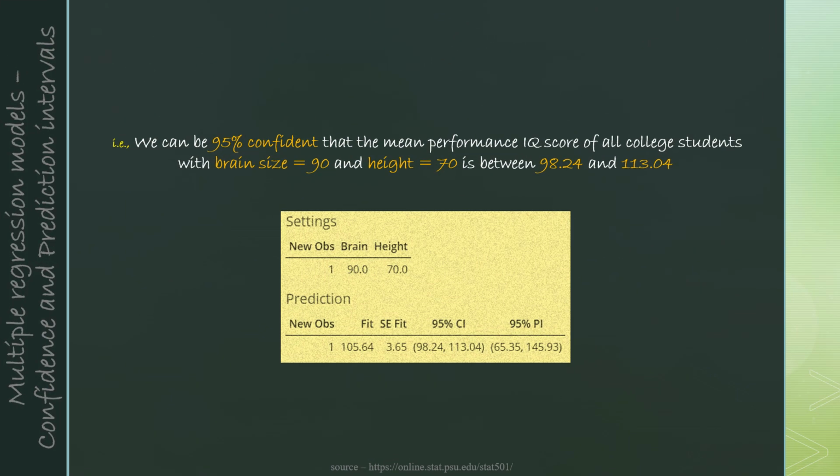That means we can be 95% confident that the mean performance IQ score of all college students with brain size equal to 90 and height equal to 70 is between 98.24 and 113.04.